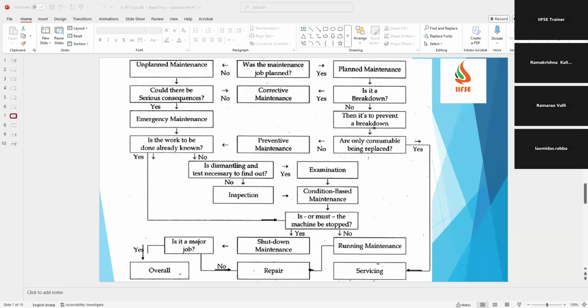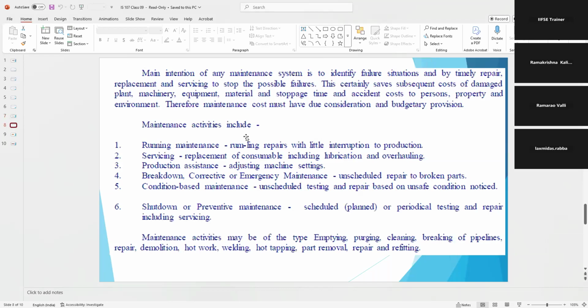Okay, fine. So as we know, the main intention of any maintenance system is to identify the failure situations, and by timely repair, replacement, and servicing to stop the possible failures. Like we do hazard identification to prevent accidents, they identify the failures.